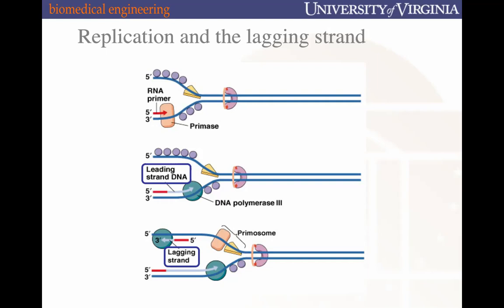We call that strand the leading strand. The leading strand is going towards the replication fork as helicase is moving forward and melting the DNA further. Now, this is also happening on the top strand as well.